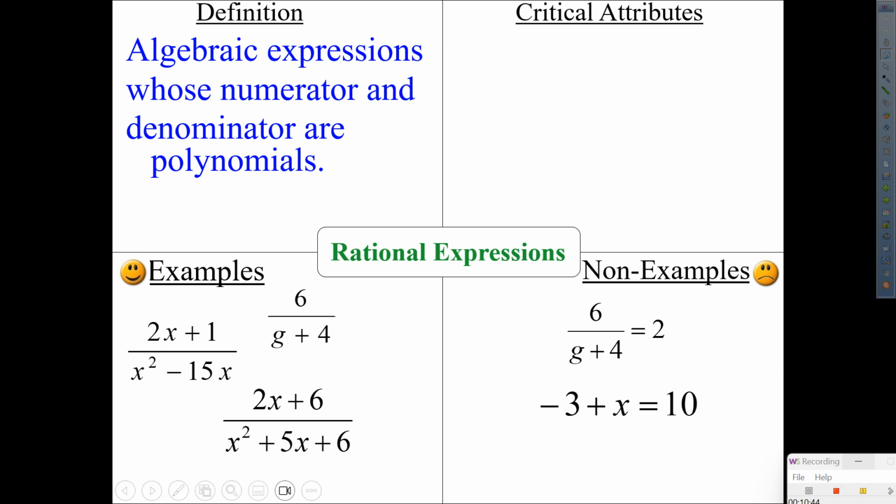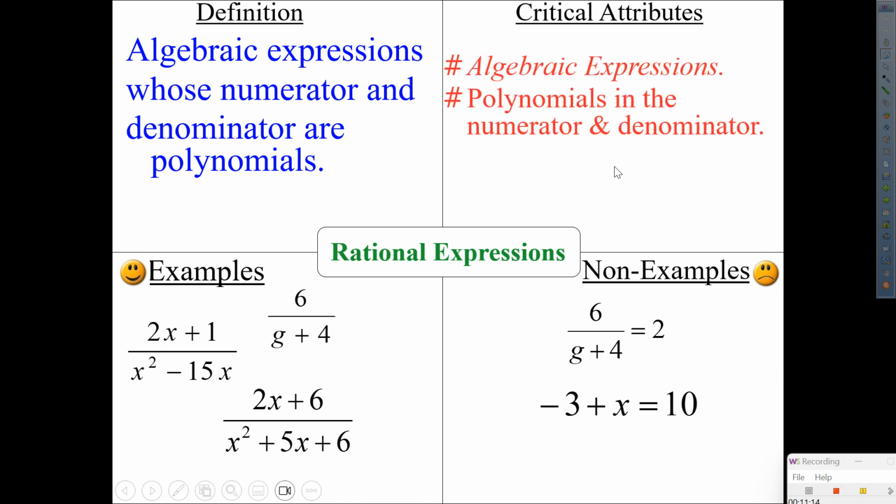Brandon, why are they not rational expressions? Because of the equal sign. So these are equations. So let me give you the hashtags. Write these down. Hashtag, they have to be an algebraic expression. And hashtag, you need to see polynomials in the numerator and denominator.